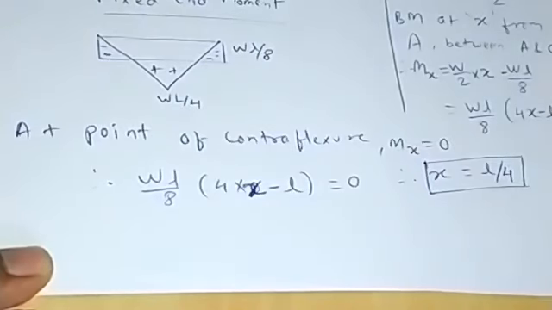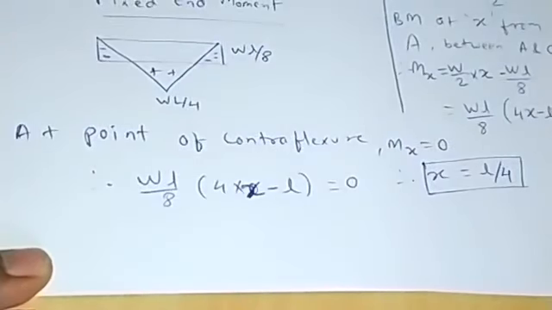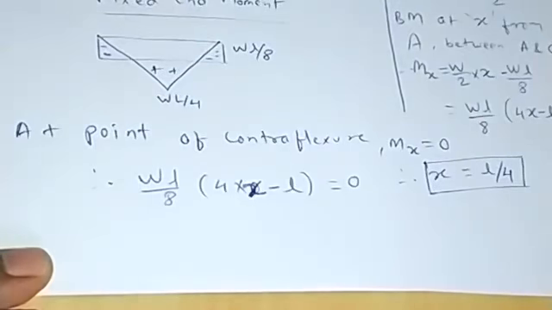Now if we put the value of x equal to L by 4, we will get the maximum positive bending moment, which would be at the center.